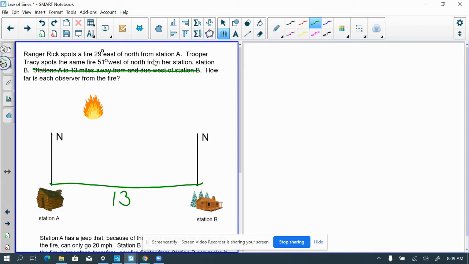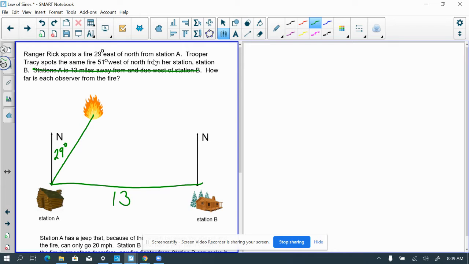Ranger Rick spots a fire 29 degrees east of north. So east of north, angling in an eastward direction after you've faced north. From station A, he spots this, and 29 degrees goes right there.